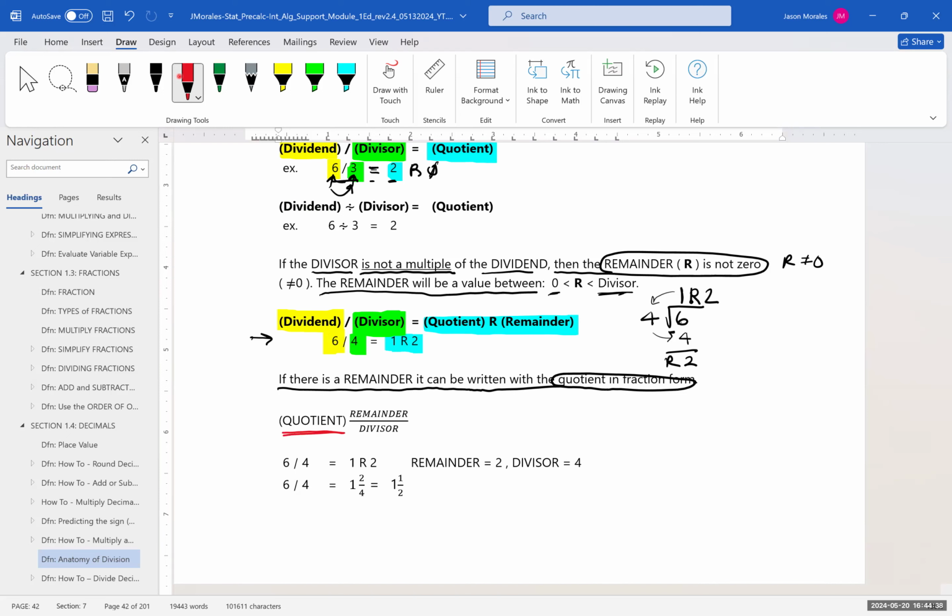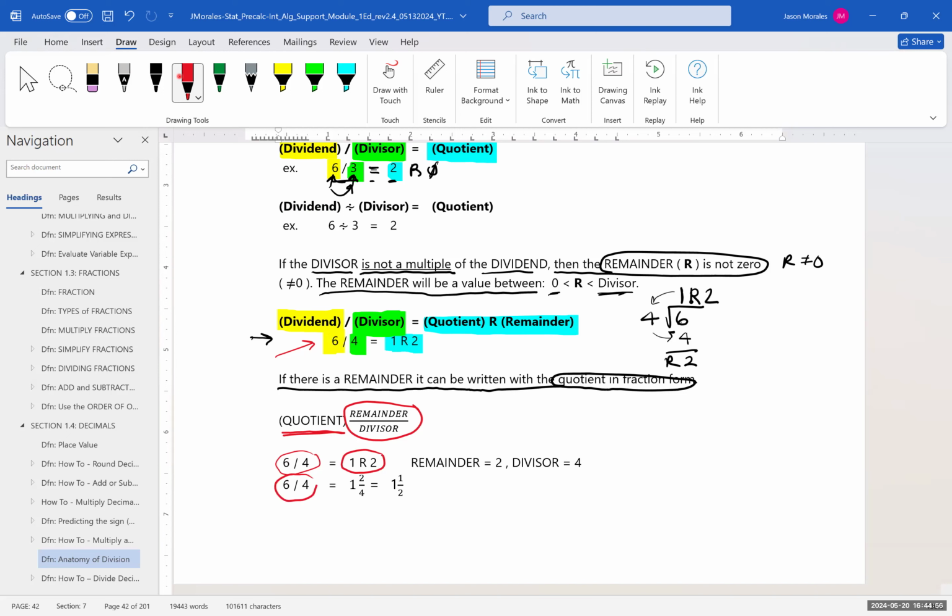Okay, so it's the quotient, a fraction of the remainder over the divisor. So in this example up above, we had 6 divided by 4 gives us this result of 1 remainder 2.